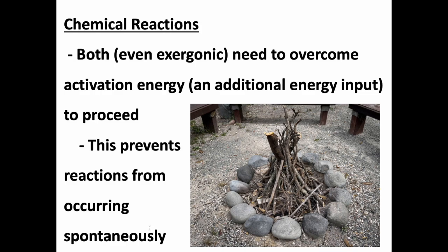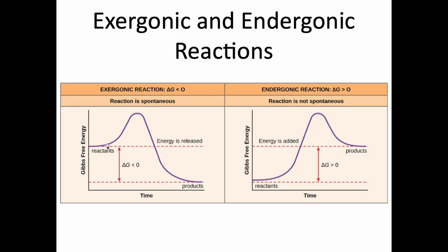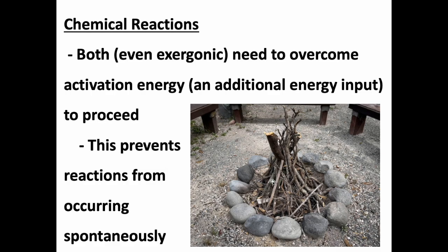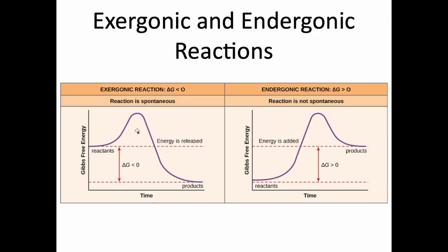Now, that's great for keeping things stable, but what if we want this reaction to go forward? What if we want these high energy reactants to slide down to lower energy products and release a bunch of energy? What if we want to destroy this wood and get energy out of it? Well, one way that we can get past this hump and cause this reaction to actually go forward is to add some energy to it.